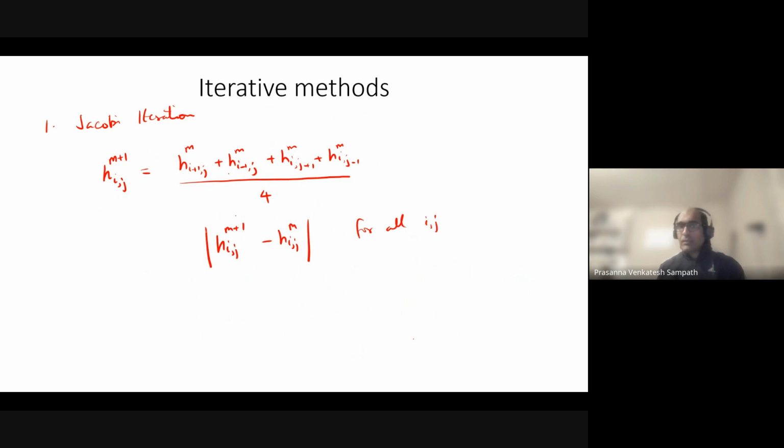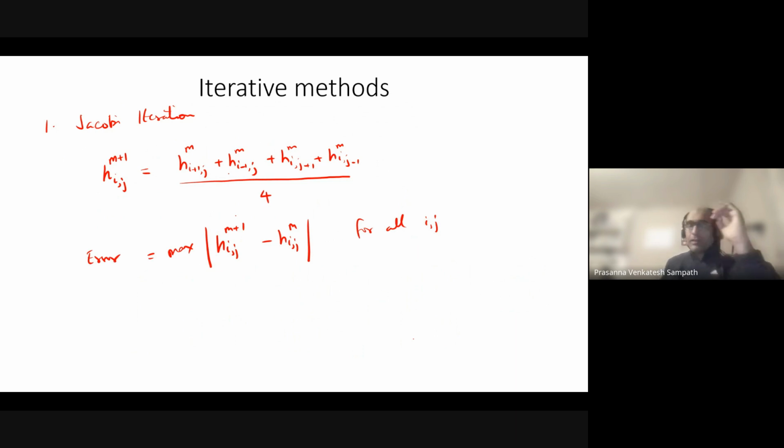I take the absolute value of the difference between the head at cell I comma j in the previous iteration and the head at that same cell in the current iteration, and find the maximum value of the difference between successive iterations for all values of I comma j. So this is going to be my error.